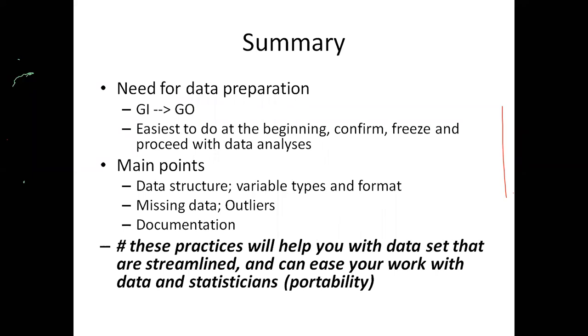Right? So if you consider the points that we just discussed and implement them in your data set, then you would have a data set that is well streamlined, which would make your life and your work much easier with data analysis and with statisticians.